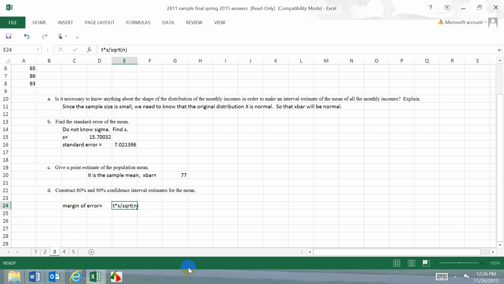That's very similar to the margin of error that we had before, but that was Z sigma over the square root of n. Now we have T S over the square root of n. So before I can do that, I have to calculate T.